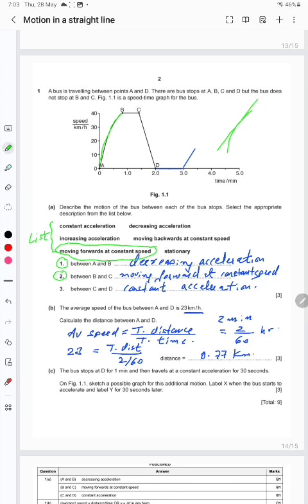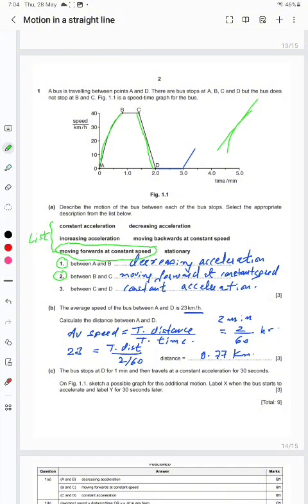Then in the third part between C and D, this is a straight line with negative gradient. The downhill line has negative gradient, and negative gradient is deceleration, but there is no choice like deceleration over here. So the correct option is constant acceleration, because it's a straight line. Deceleration is also acceleration.